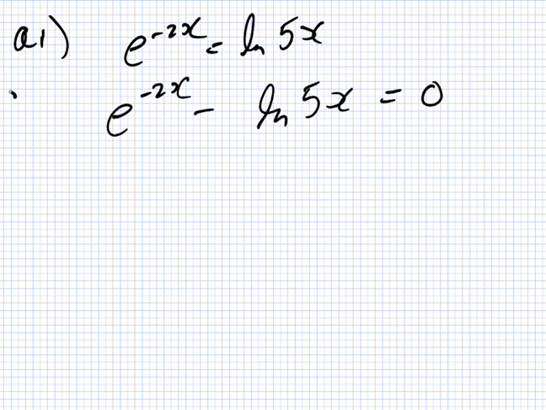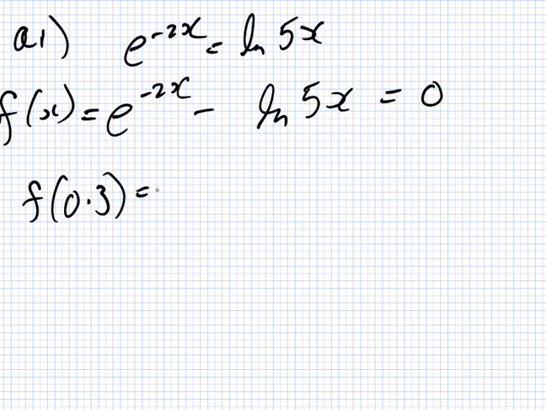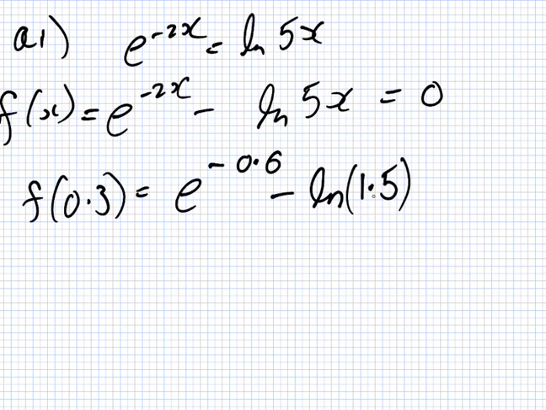So this is where you want to find the roots. If I put in 0.3, I will get e to the power of minus 0.6 minus log 1.5, and is that positive or negative? Positive, thank you.